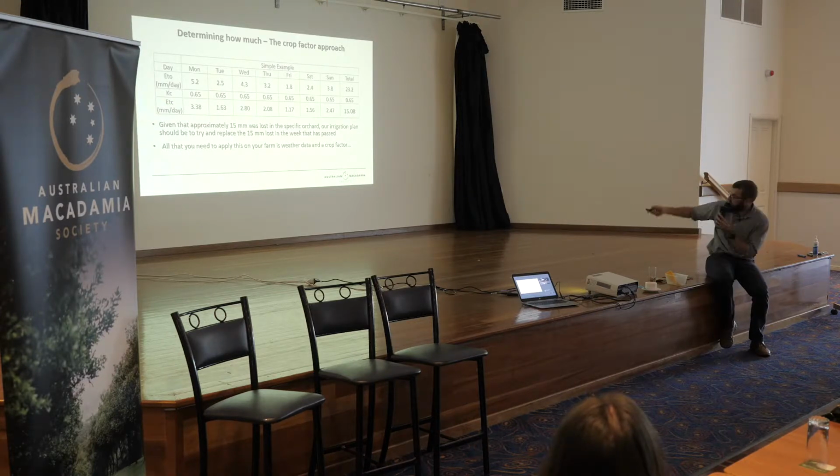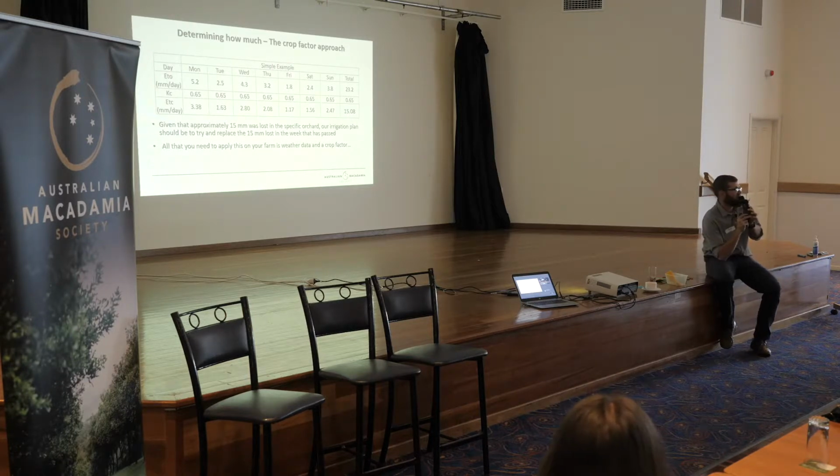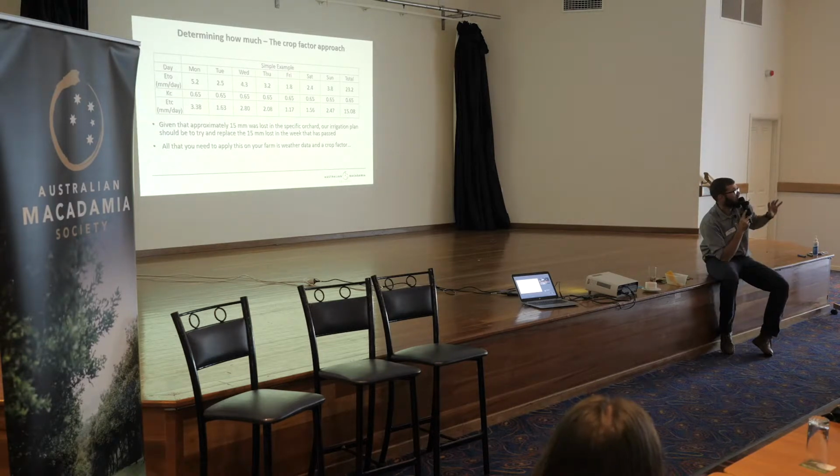Okay. At the end of the week, we see the environment wanted 23 millimeters of water, that you would have taken 23 more or less. But we're farming with macadamias, and the crop factor for macadamias is 0.65, for big trees is 0.65. So macadamia trees are only using 65% of that water.